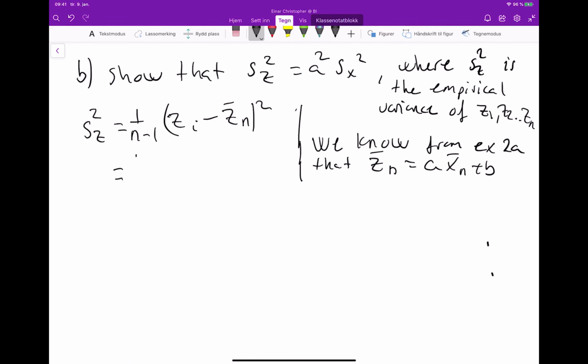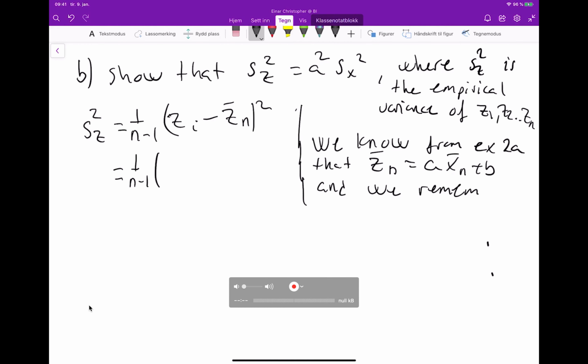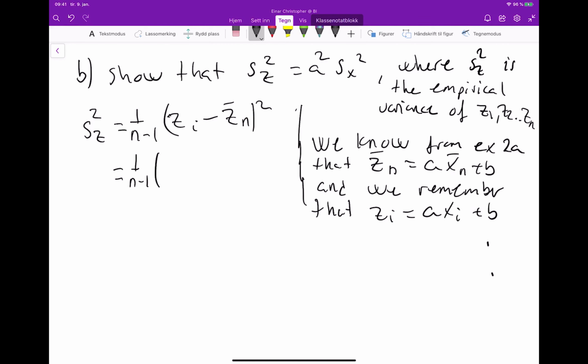So then we can replace the zi. We remember that zi is equal A xi plus b.